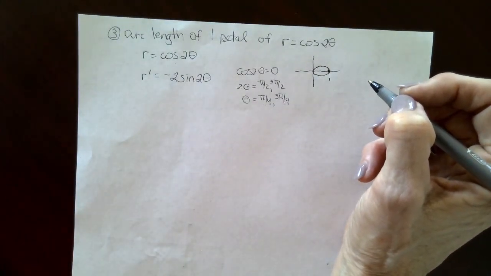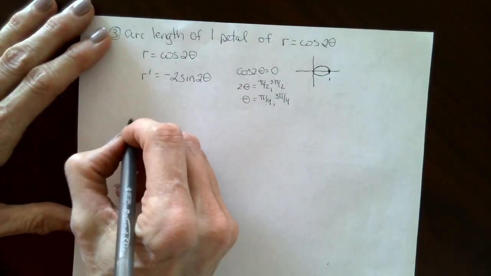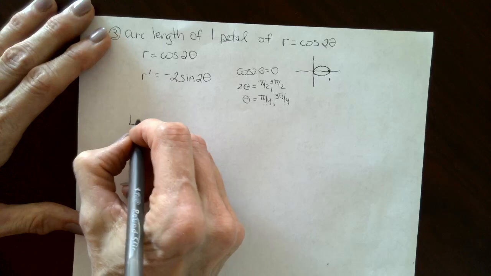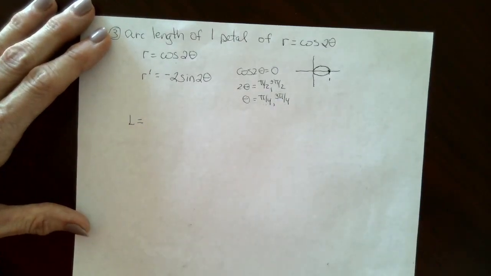So then couldn't I just double that? Let's do that, okay? So then I'm going to say my arc length is equal to, there's no 1/2 in front of the arc length integral, okay? So don't do 1/2 times 2.